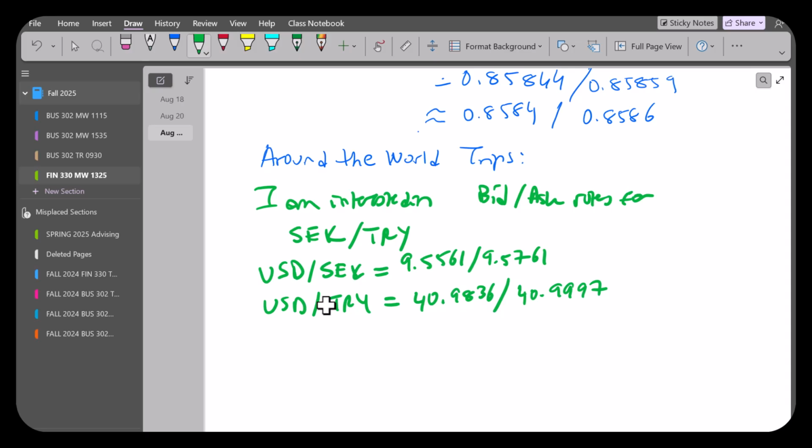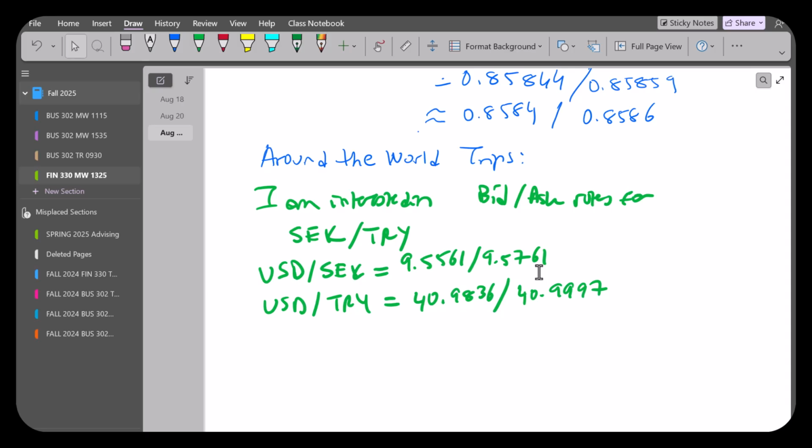Anyway, you probably noticed that some spreads are higher than others. So if I calculated the percentage spread, basically ask over bid minus one, 957.61 minus one times 100.